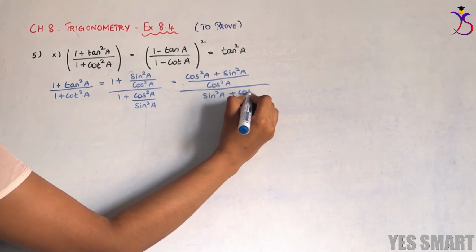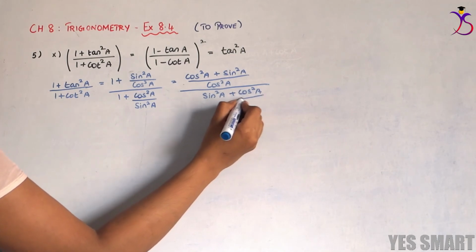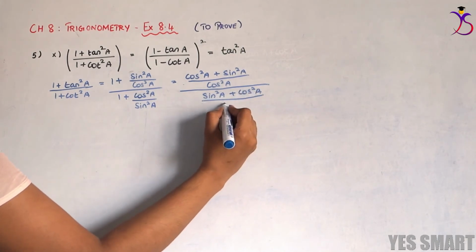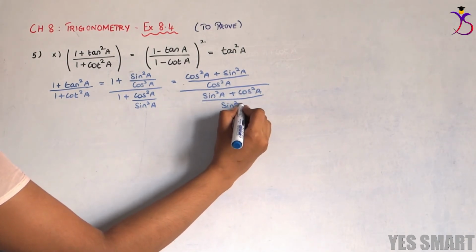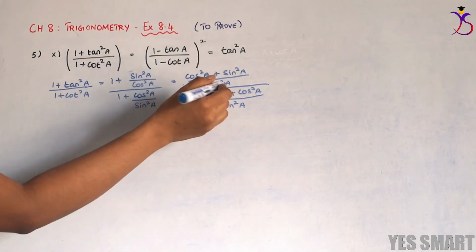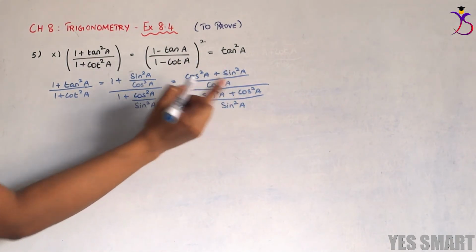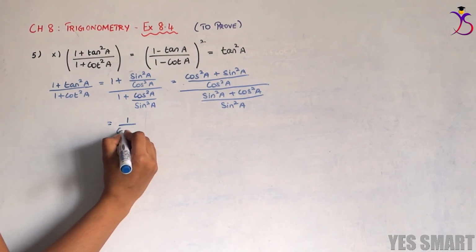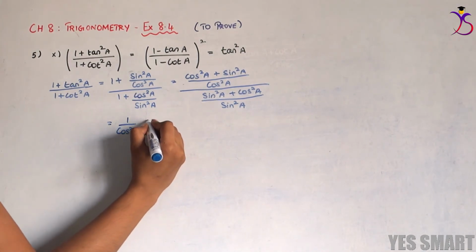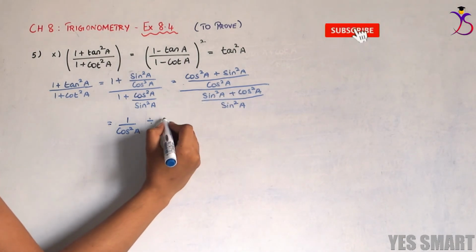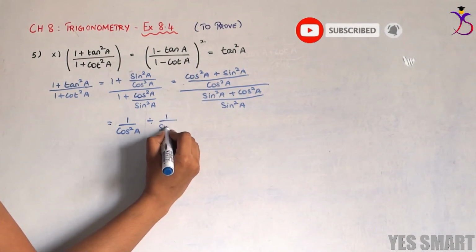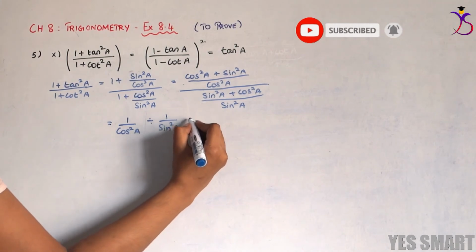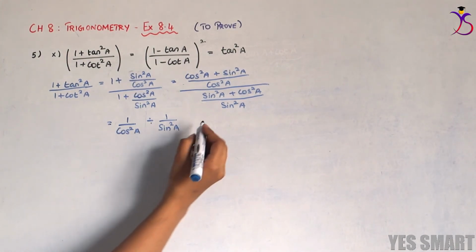Why we are multiplying with sin square A only the first term is that in the second fraction we already have the sin square A in the denominator, and we already knew that cos square A plus sin square A is 1. Therefore I am just substituting the value 1 by cos square A divided by 1 by sin square A. Now we are going to reciprocate it and solve further.